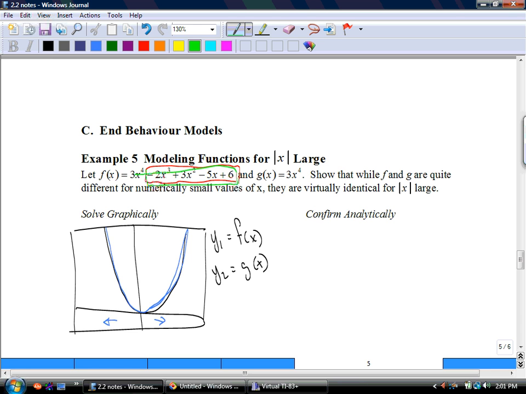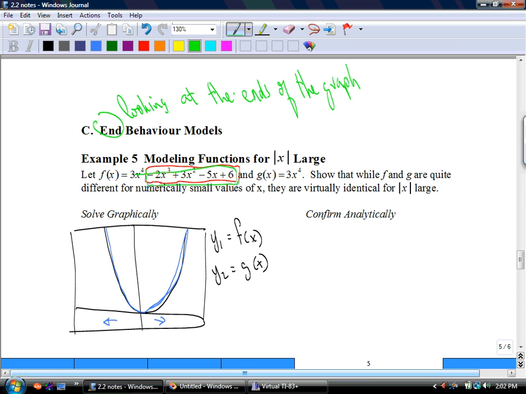But away from 0, the highest powered term is always the most powerful thing. And that's why it's called end behavior, because we're looking at the ends of the graph. You're just wanting to know what's going on at both the left-hand side and the right-hand side of the graph. That's all that end behavior is.